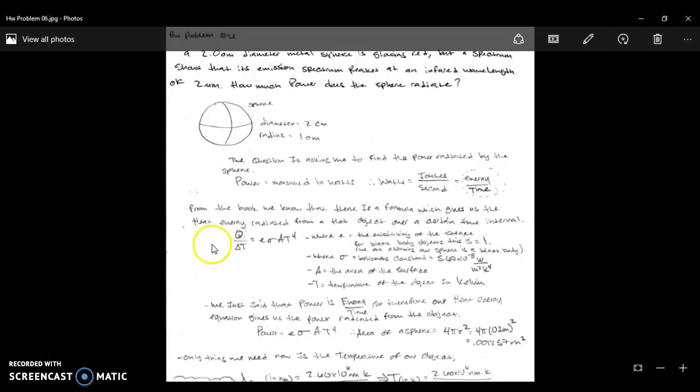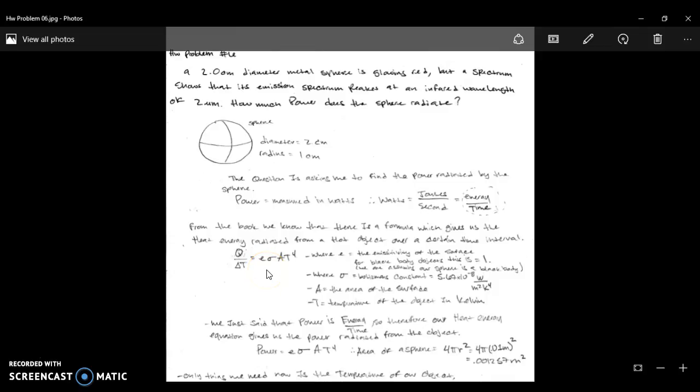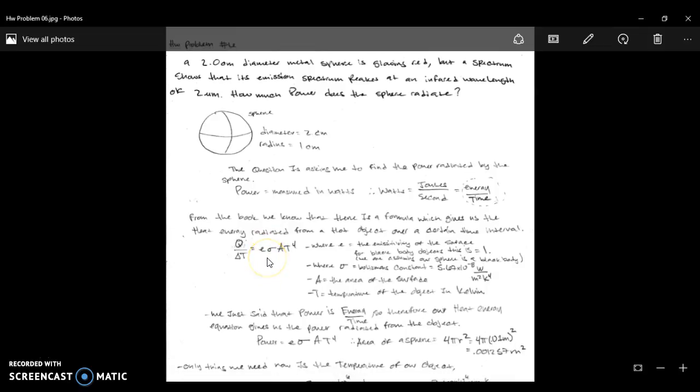equation over a time interval, which we have here. It said that the heat energy radiated over a time interval is e, this little sigma symbol, A times the temperature to the fourth power, where e is the emissivity of the surface, basically how well the surface radiates, absorbs, and emits heat or energy.